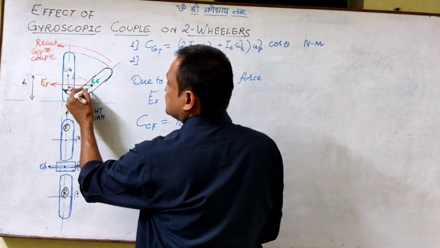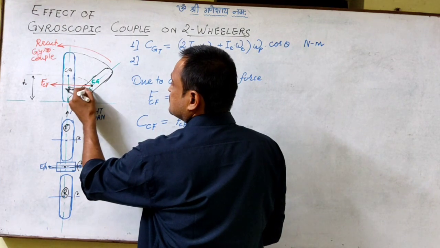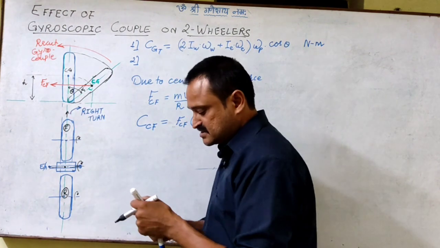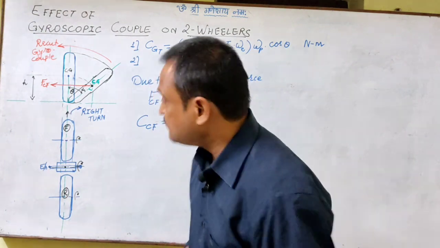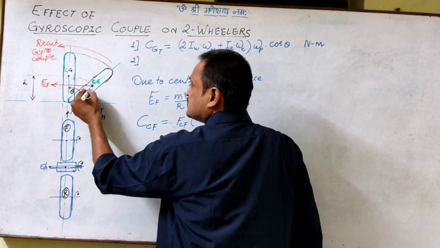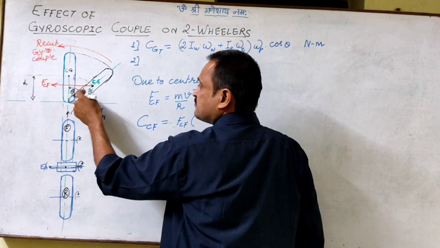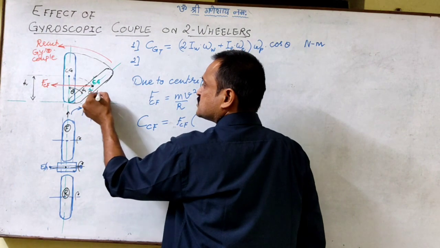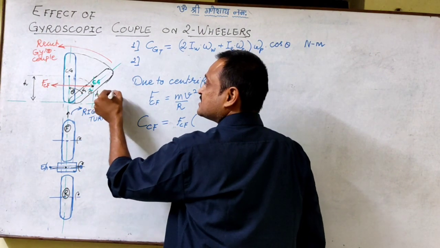If this is theta, this is also theta, and this is the hypotenuse side, so this is h cos theta.